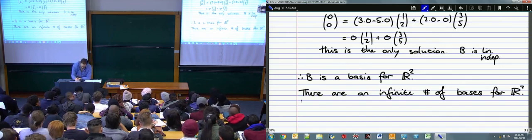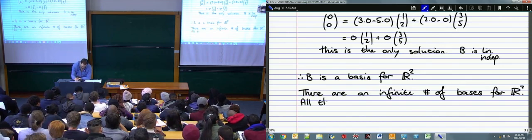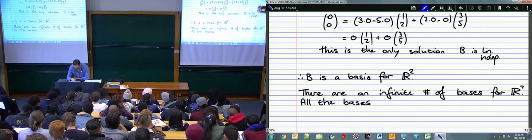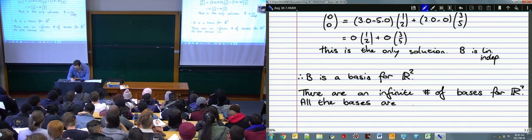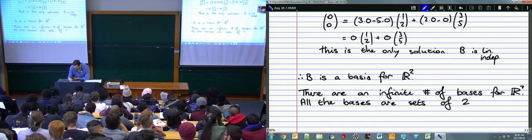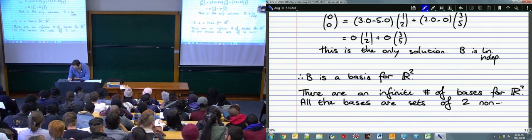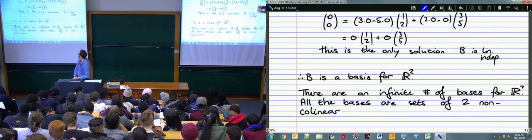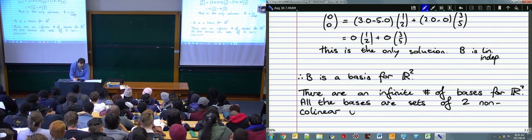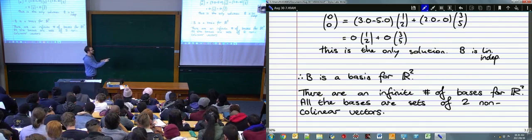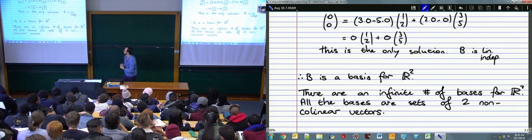All the bases are sets of two, let's say, non-collinear vectors. That's just a fancy way of saying that the vectors can't point in the same direction. They must point in different directions.